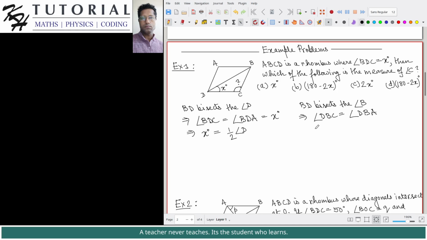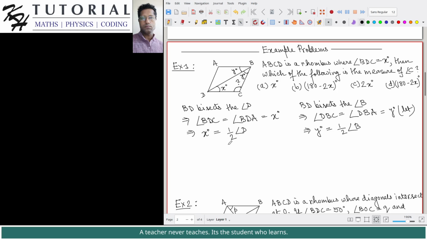Let's say this is y degrees. We are assuming this to be y degrees. So this will be y degrees and this will be y degrees. So this will imply that y degrees is equal to half of angle B.